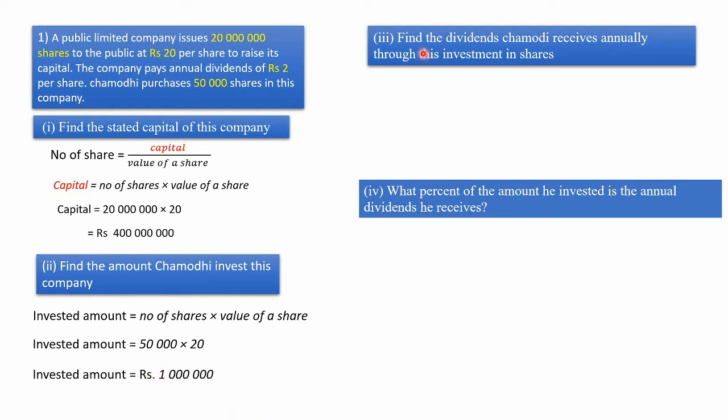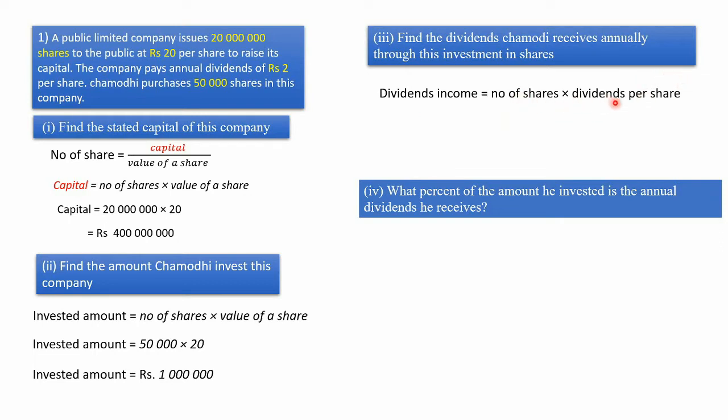So the next one is to find the dividend income Chamodi received. So how do you find the dividend income? You know she got 50,000 shares, and per share the company paid how much? They paid 2 rupees. So the dividend income equals the number of shares multiplied by the dividend per share.